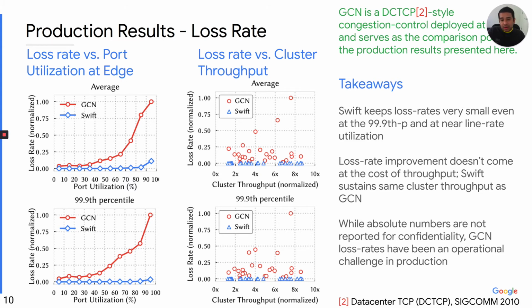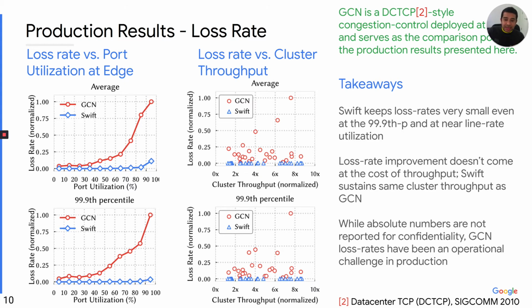through our testbed evaluations. The key takeaways here are that Swift is able to keep the loss rate very small, at the average and at the tail at the 99.9th percentile, while running near line rate utilization. And another thing to note is that the improvement in loss rate for Swift does not come at the expense of throughput.